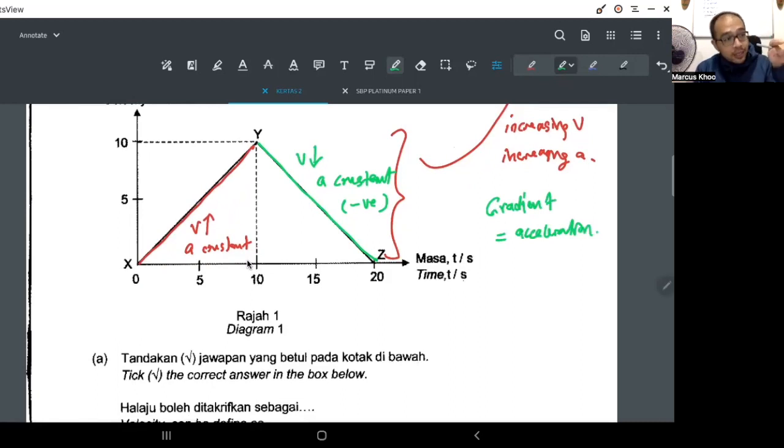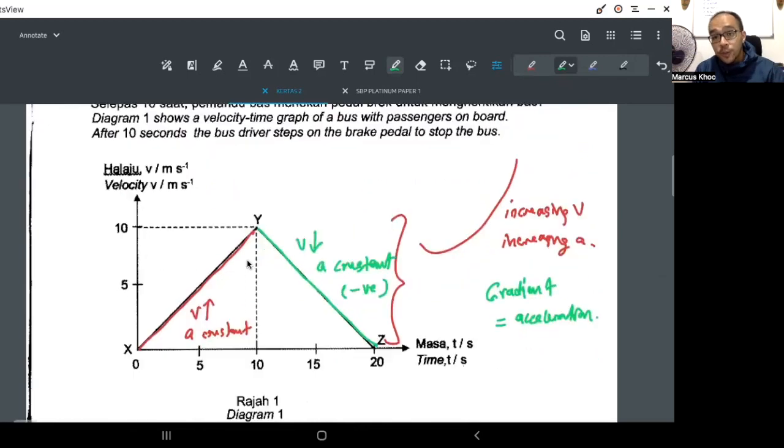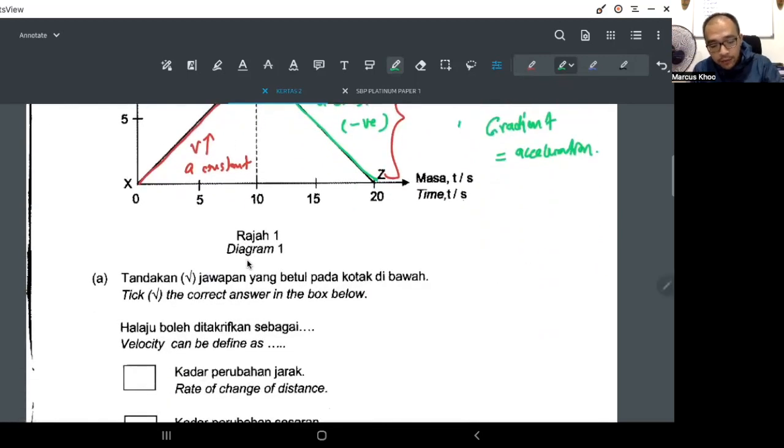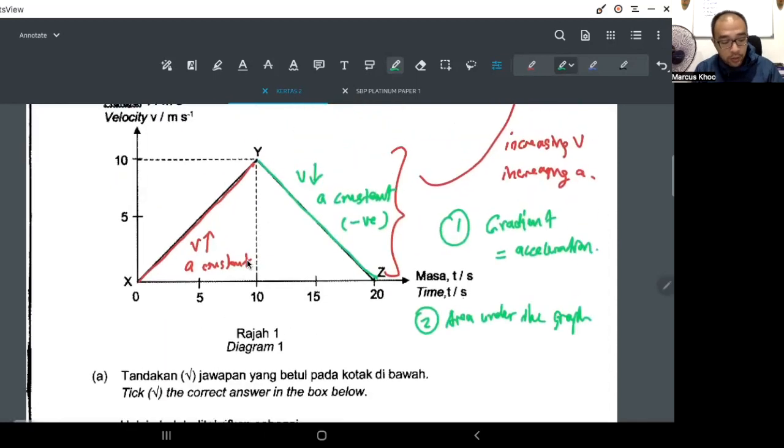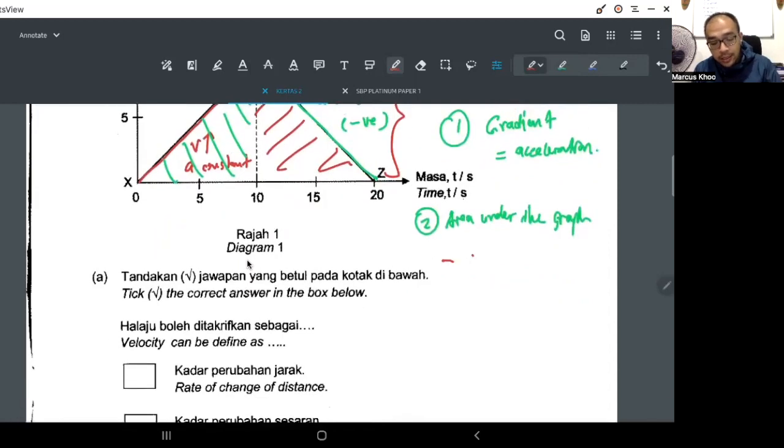If the gradient is increasing like this, if it is a curve, then the gradient will be increasing. The second piece of information is the area under the graph. In this case, it will be two triangles, and the two triangles will tell us the distance traveled.